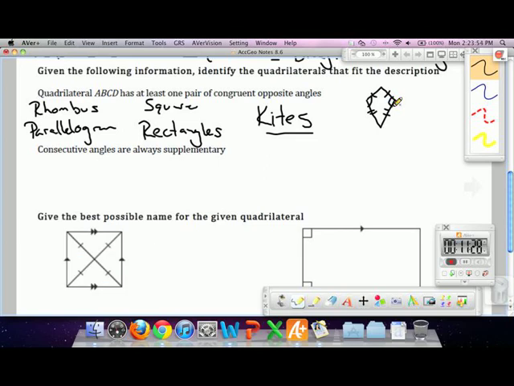Let's see. How about some that have consecutive angles that are always supplementary? Okay, so consecutive angles. If I pick any 2 and I add them together, then they'll be supplementary, or add up to 180. Let's see.